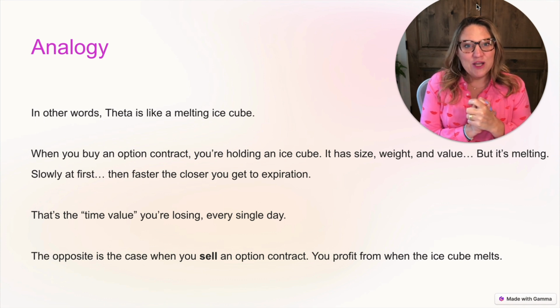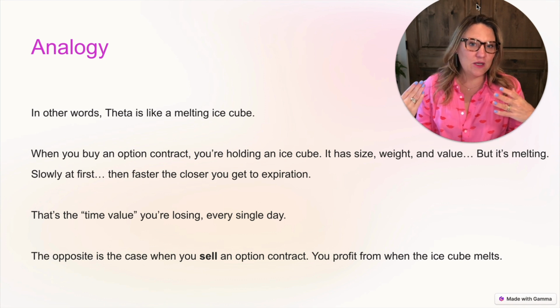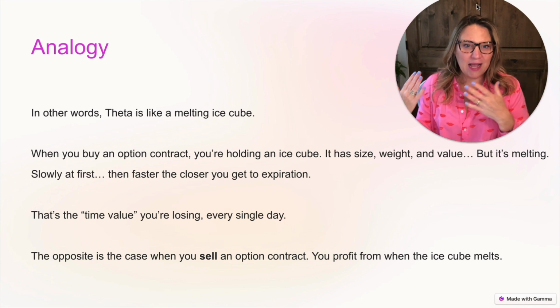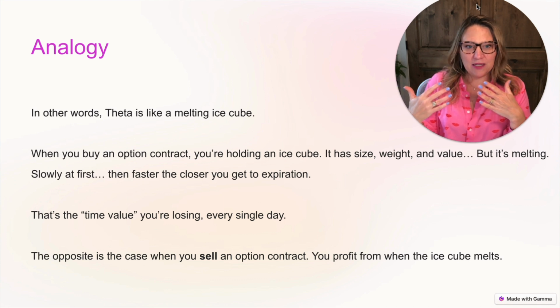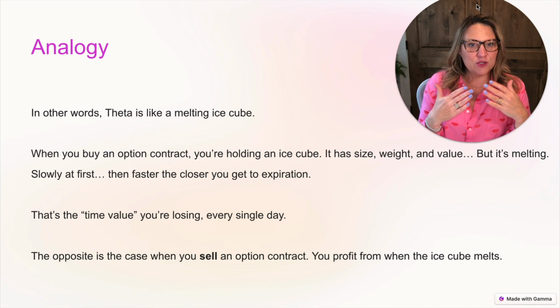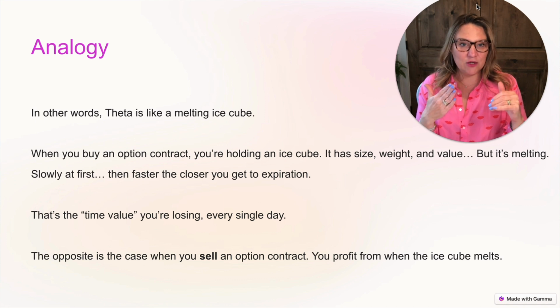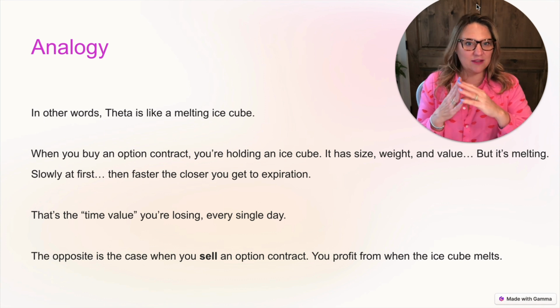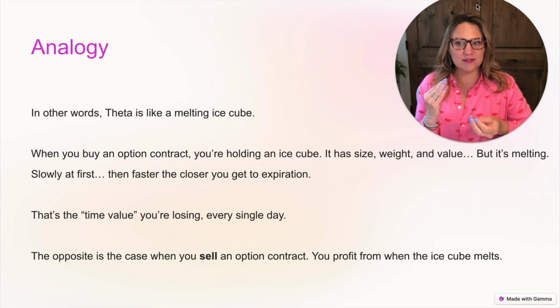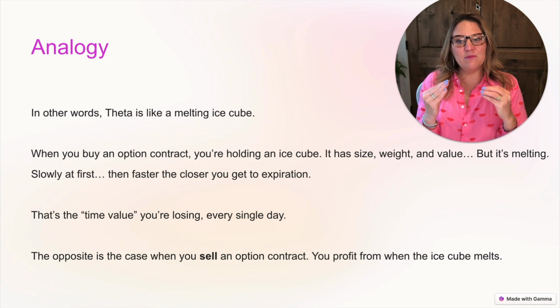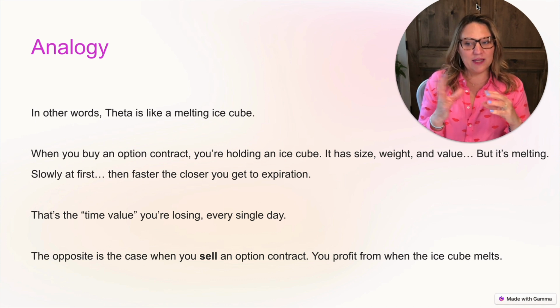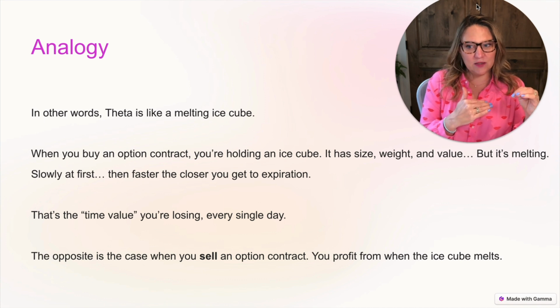You'll see this a lot when you're holding a 2-week option and it has a lot of theta value at the beginning. Then in the last day or two, if the stock price isn't near the strike price, the value of the option goes away really fast. That's the time value you're losing every single day, and it speeds up towards the end.